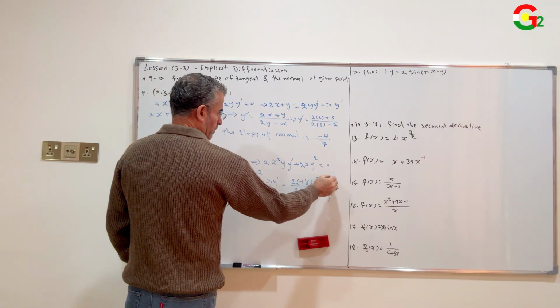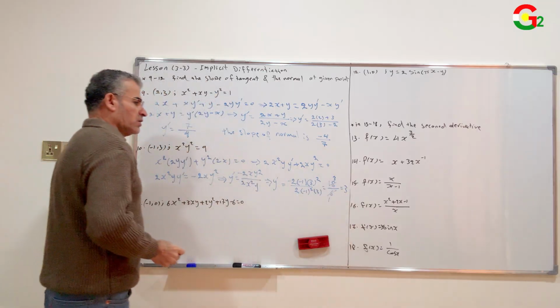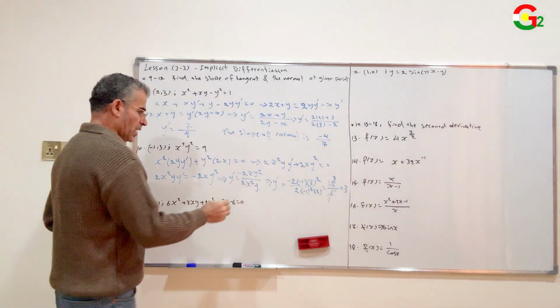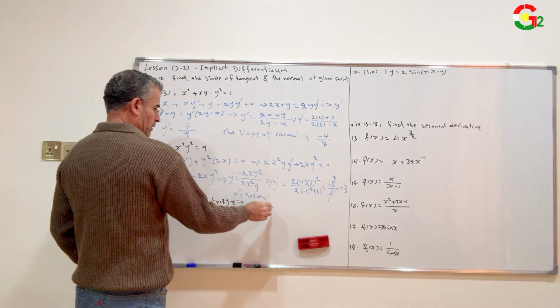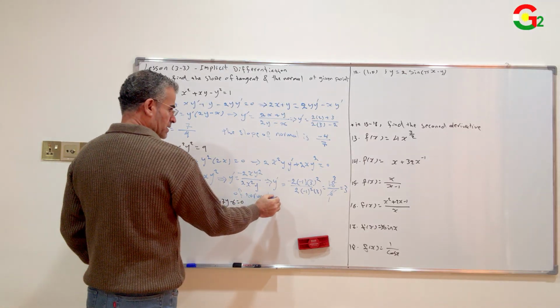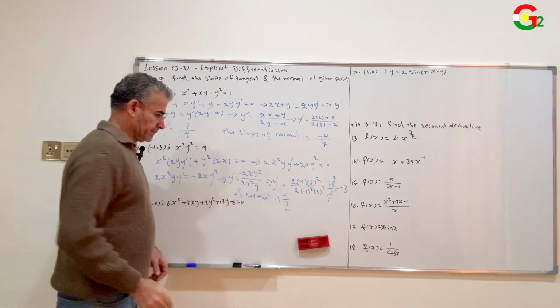Divide by 6, it is 3. The slope of the tangent line is 3, and the slope of the normal line is negative 1 over 3.